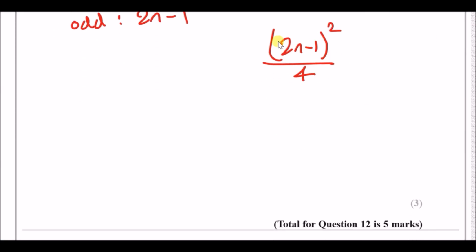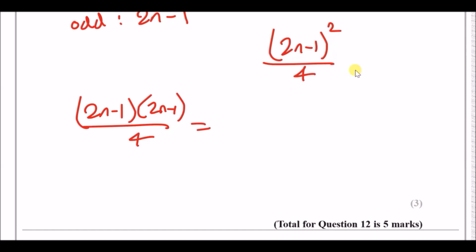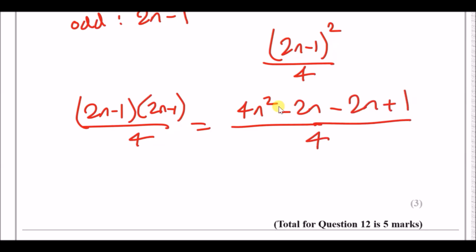So all you want to do is literally expand this term. So 2n minus 1 squared is literally 2n minus 1 times 2n minus 1 over 4. Now multiplying out the bracket using FOIL, in other words, you do 2n times 2n, 2n times minus 1, and so on. You're going to get 4n squared minus 2n. Then you've got minus 1 times 2n and minus 1 times minus 1. That gives us another minus 2n plus 1 all over 4.